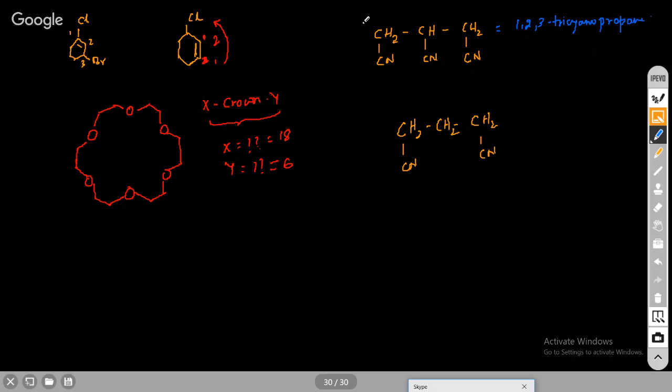Okay, numbering will be this. In this case, the numbering will be this: 1, 2, 3, 4, and 5. So it will be 1, 5 pentane dinitrile.